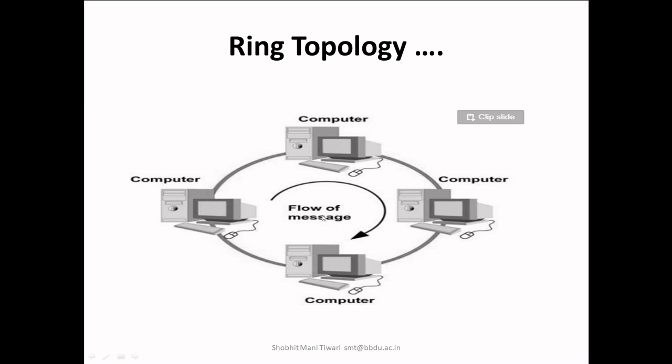Here it is defined as a clockwise movement of information. This computer will transfer to the next computer, that will transfer to its immediate next, and this immediate next will transfer information to its immediate next computer. So this will form a ring kind of network.